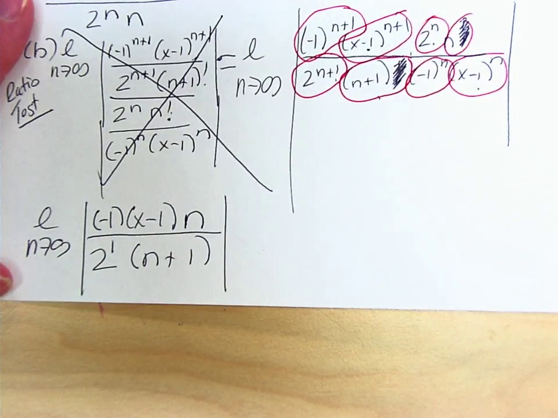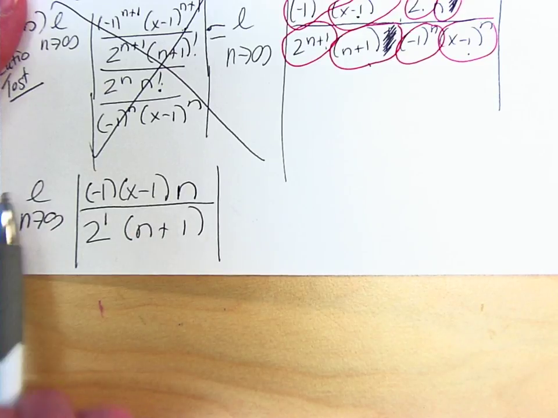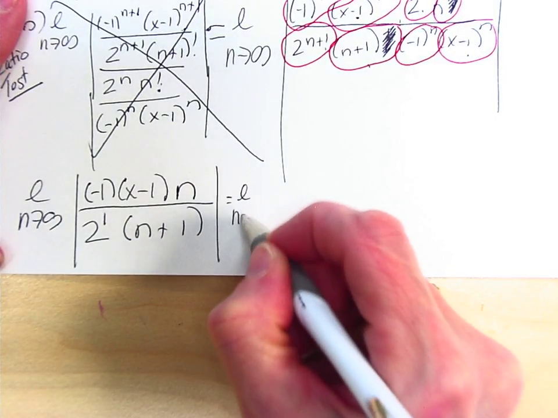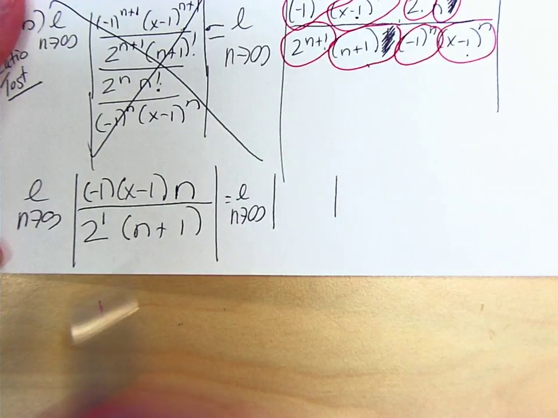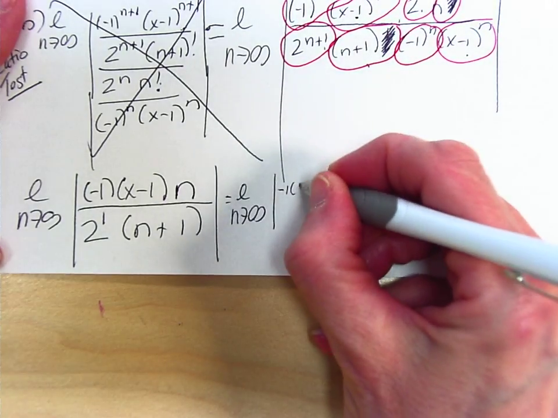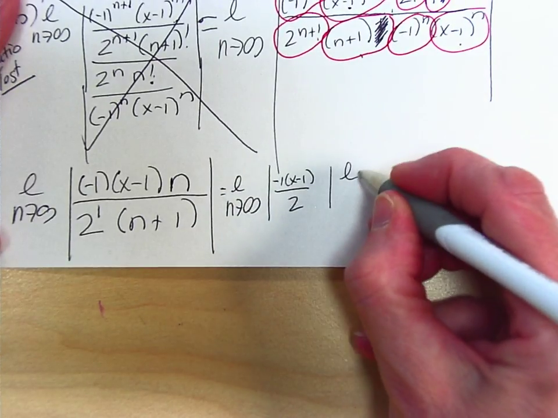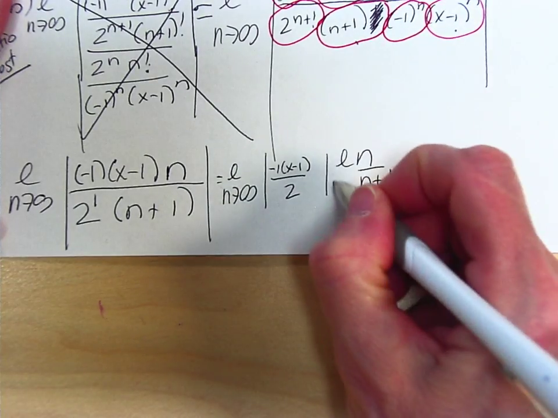So if you recall what we talked about earlier, we said anything not involving n gets moved out front. So we're going to take the limit as n goes to infinity of the absolute value of minus 1 times x minus 1 all over 2, times the limit of n over n plus 1 as n goes to infinity.